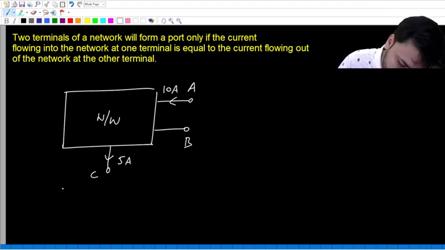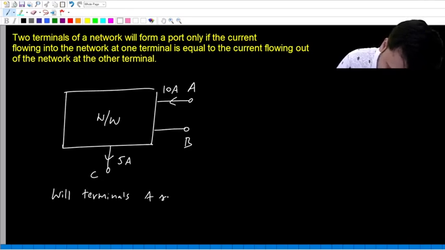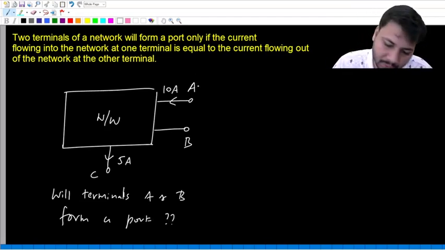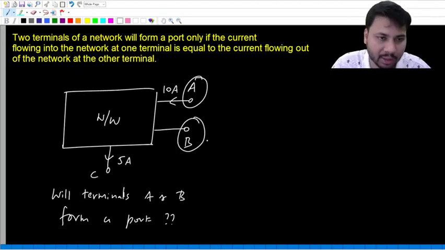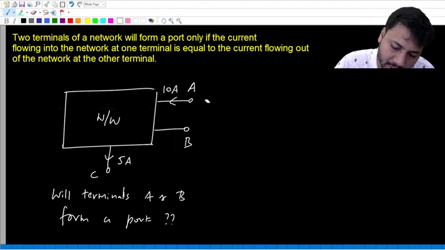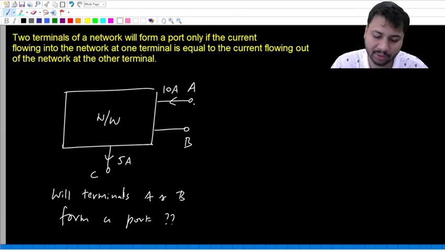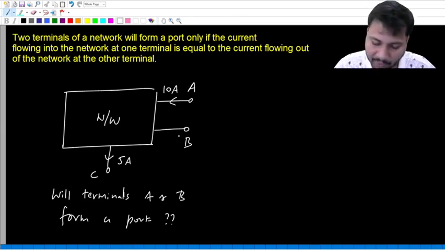Now the question is, will terminals A and B form a port? So this terminal A and this terminal B is a set of two terminals. The question is, will this set of terminals A and B form a port?